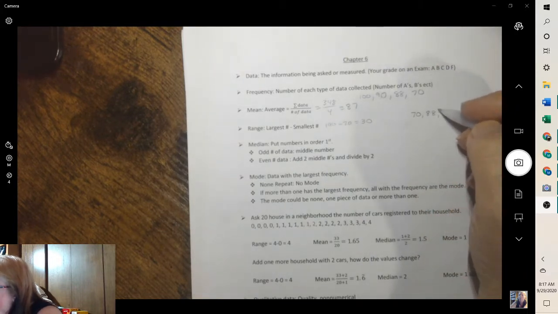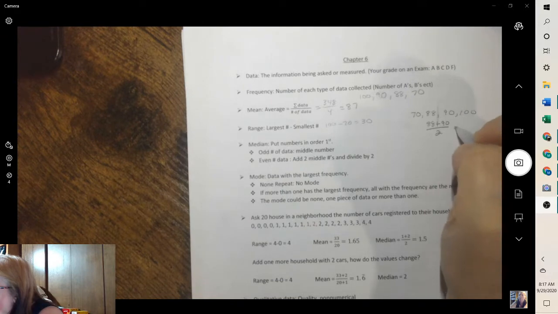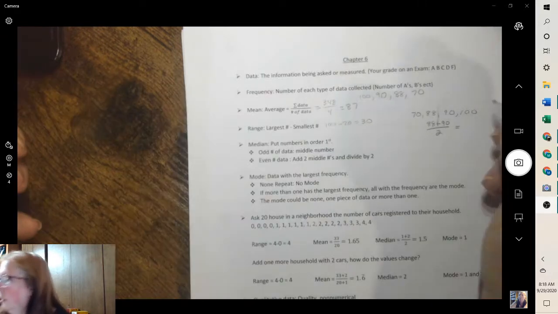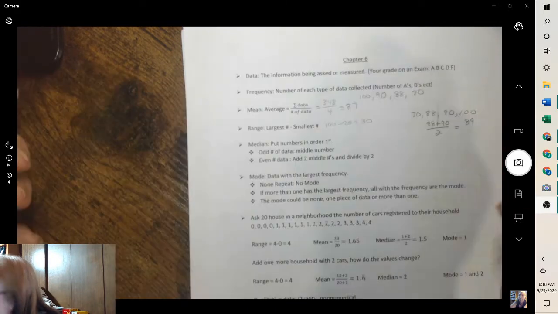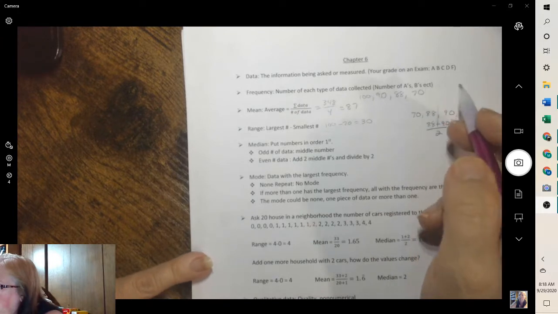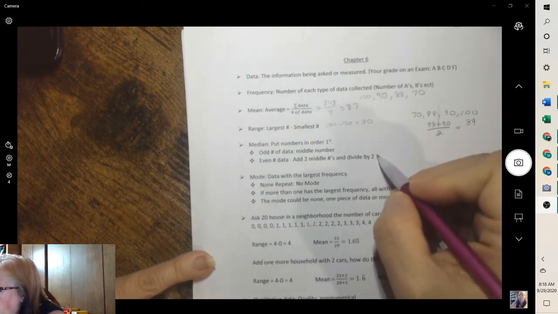And since there's an even number, we want right in the middle of it, so we add the middle two together and divide by 2. So 89. So 89 is in the middle of our data. And because we had an even number of data, we did it this way.